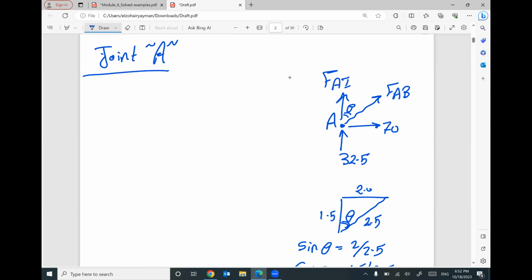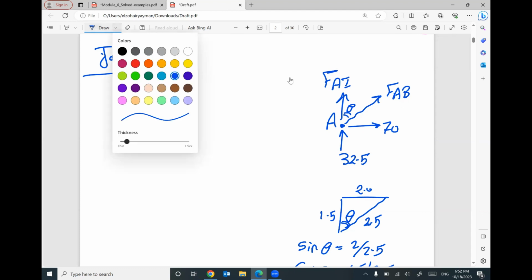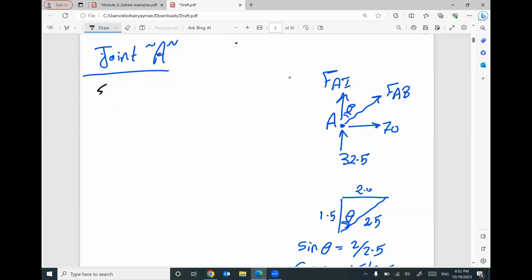Once you set up your joint, I can apply summation of all forces in X equals 0 for this joint, and summation of all forces in Y equals 0. In X, we have positive 70, we have positive FAB sine theta, equals 0. Do you agree?